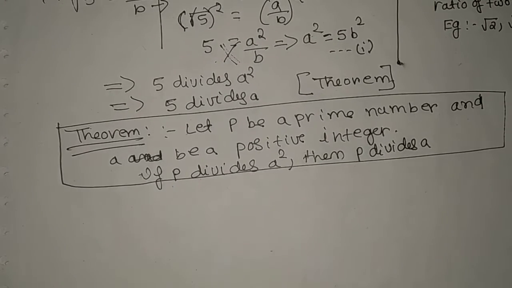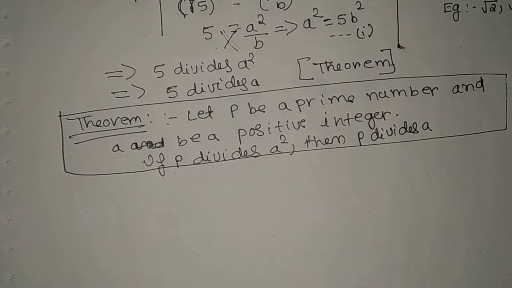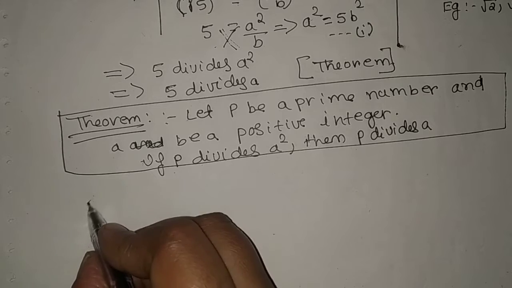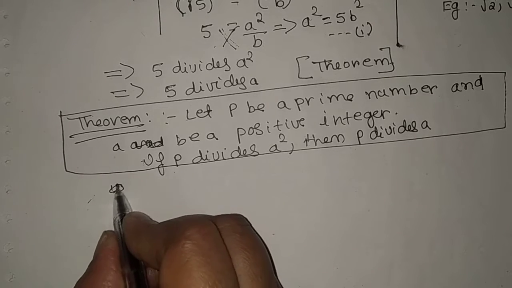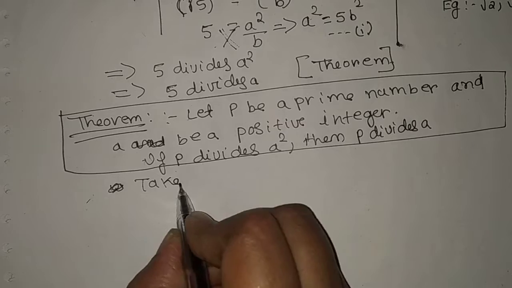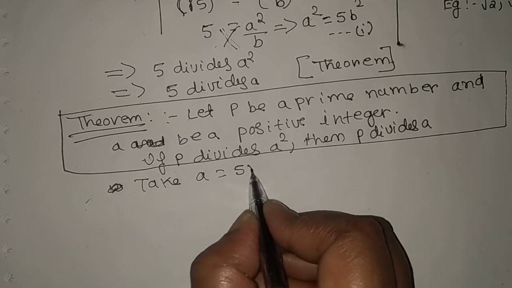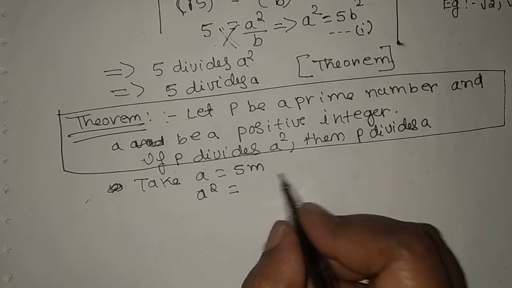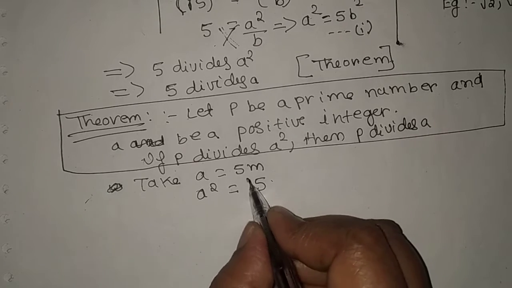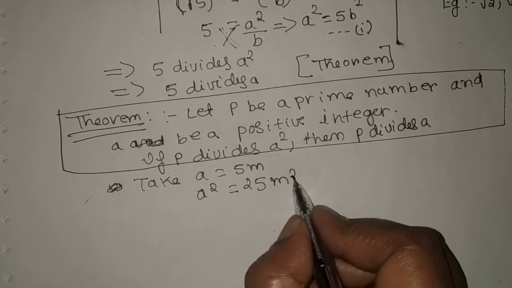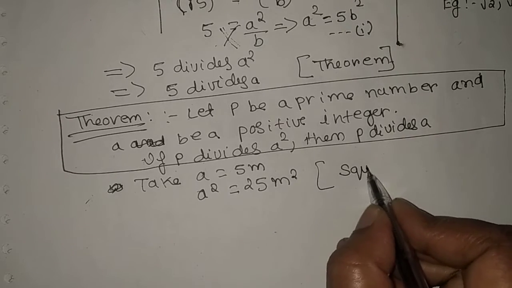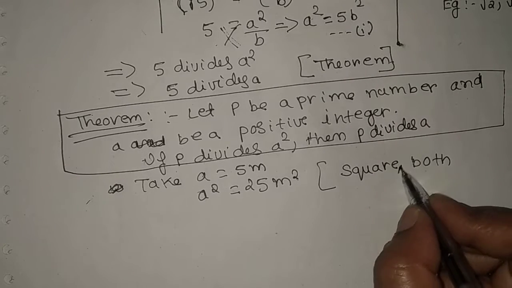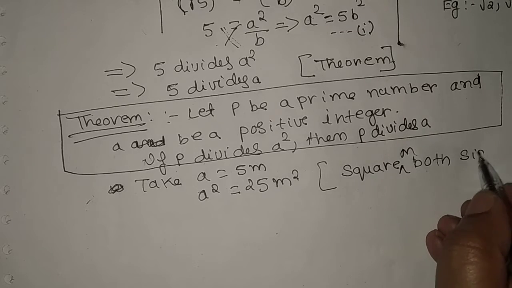Next step, now we take a is equal to 5m. Then squaring on both sides, a square is equal to 25m square.